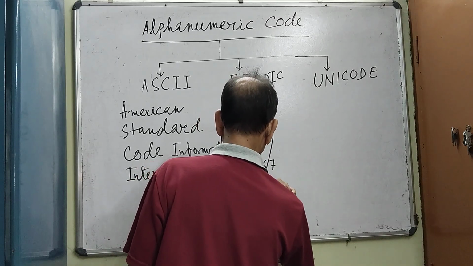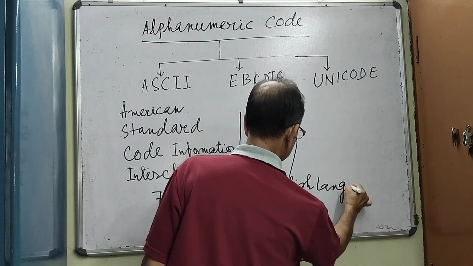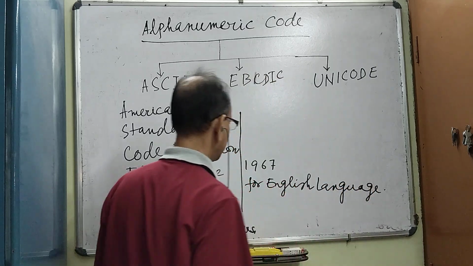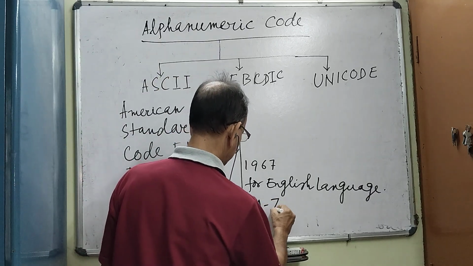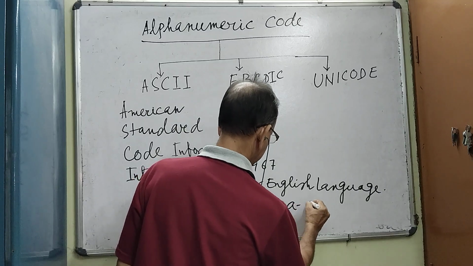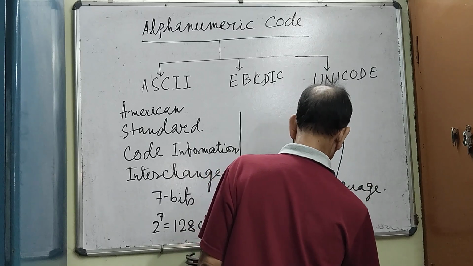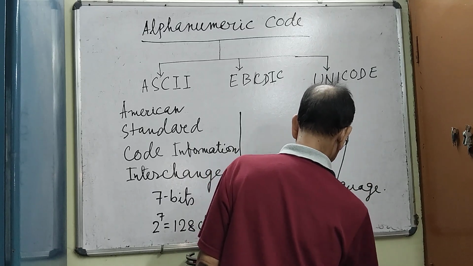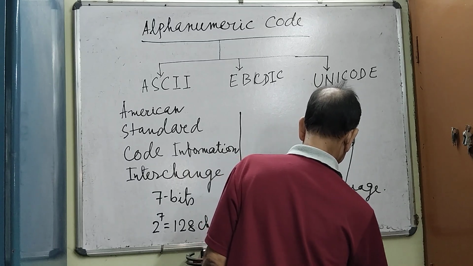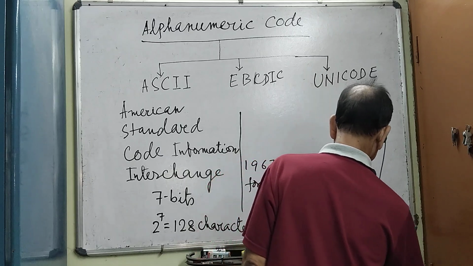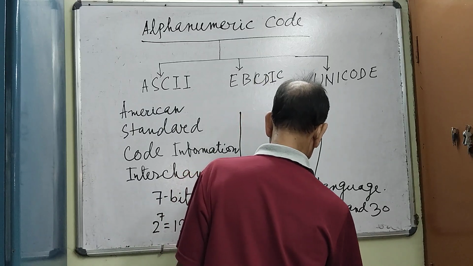In the English language, we have capital A to capital Z, small a to small z, and 0 to 9, and some 30 special symbols.